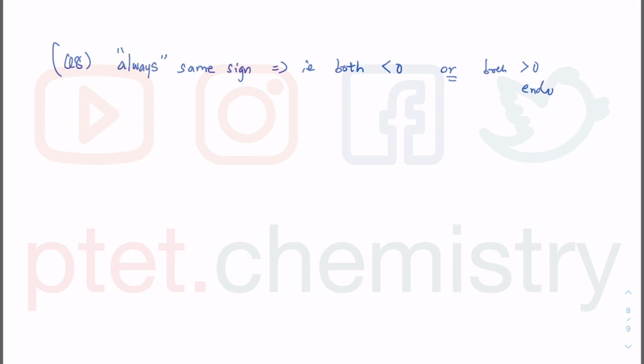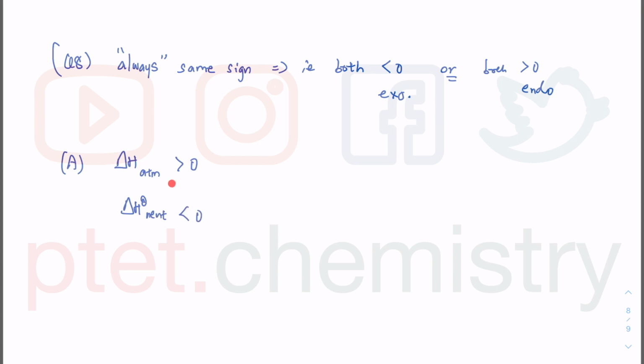Greater than 0 is endothermic, lesser than 0 is exothermic. So let's think about each of the options here. Enthalpy of atomization is always greater than 0, whereas enthalpy of neutralization is always going to be lesser than 0.